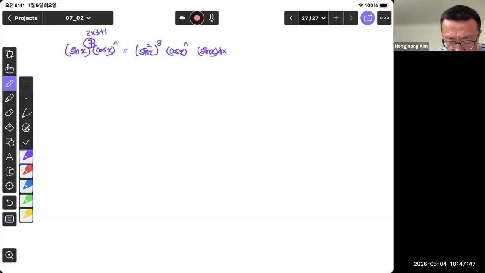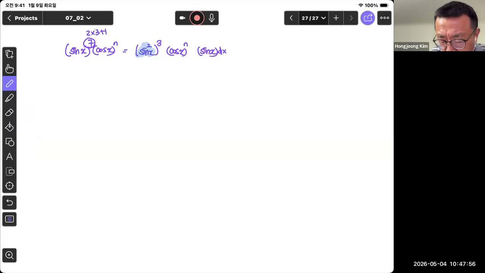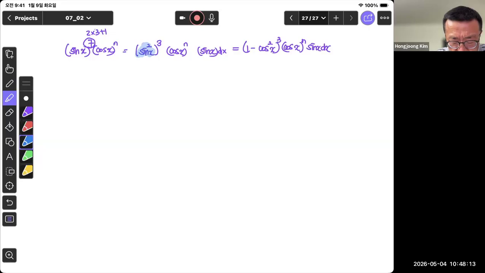Then this sine x squared will be replaced by 1 minus cosine x squared. And then this cosine x will be denoted by u.